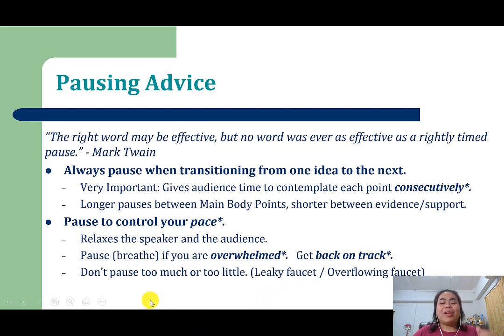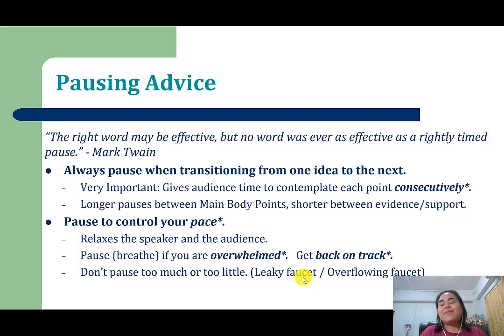Now, like I say, don't pause too much or too little, because we have a saying called the leaky faucet. Think of it like when you turn off the faucet to stop the water from running. But if that faucet wasn't turned off properly, you're going to hear drip, drip, drip, drip like that. See, it means you pause too much, okay?